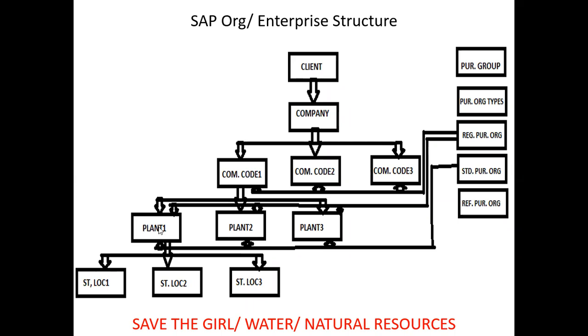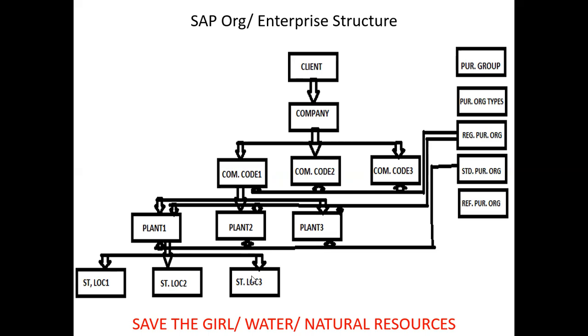In a plant, some activities are going on: manufacturing, sales, purchase, and so on. The place where these activities happen, we call a storage location. For example, this is the Bangalore plant. In Banashankari, manufacturing activities are going on. In BTM Layout, sales activities.